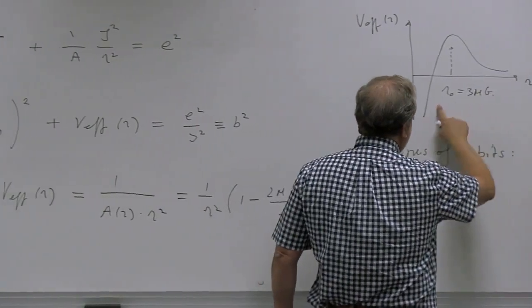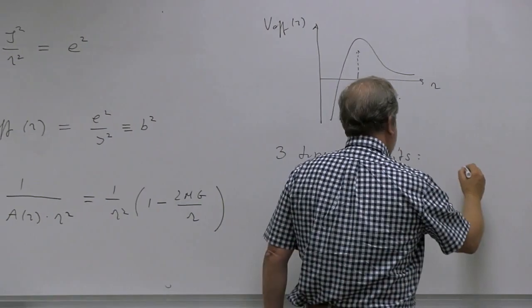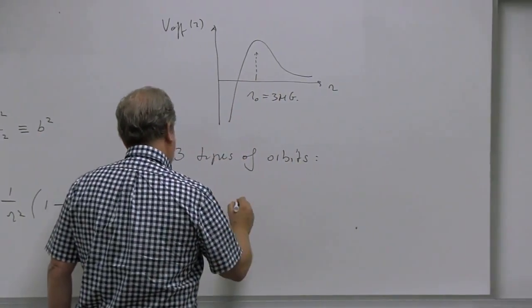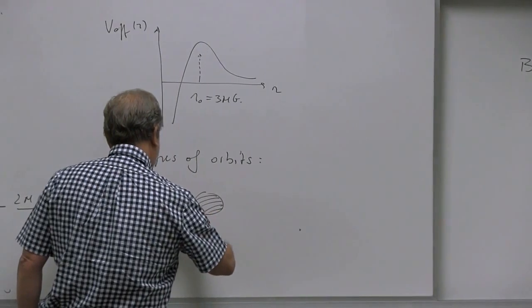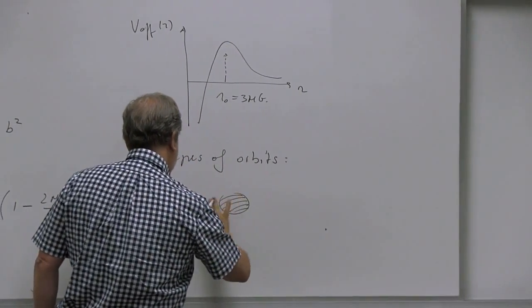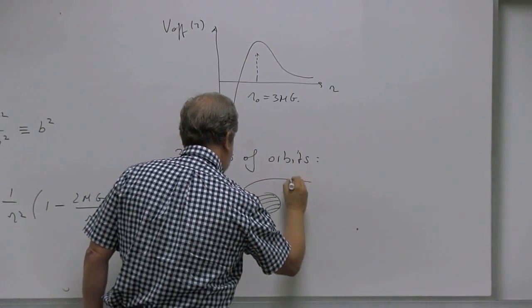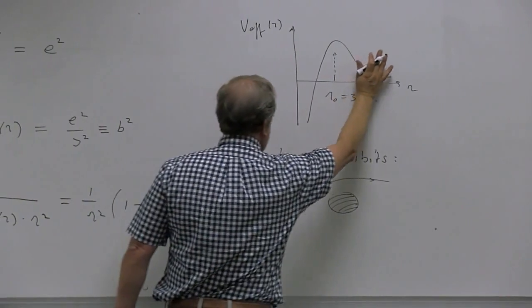So the first one is the orbit that we can have when the distance is greater than this amount. So one is this. That's the case where you have the sun here, and the orbit is just like that. Well, it doesn't have to get too close, so it's an orbit of this type, and that is what happens out here.